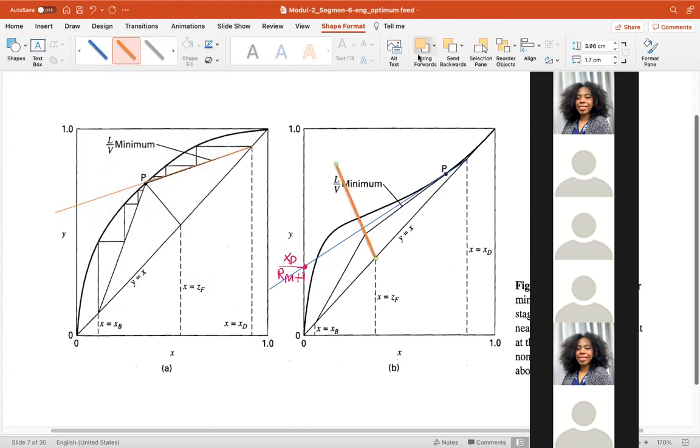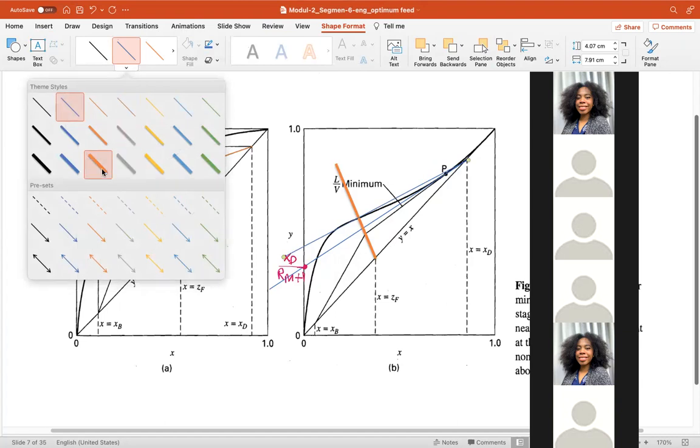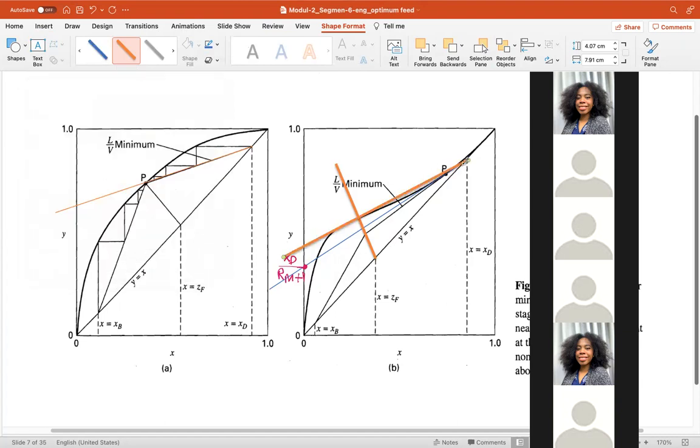So we have to construct a line between the intersection of the Q line and also the curve. If we do it like that, is it good or not?